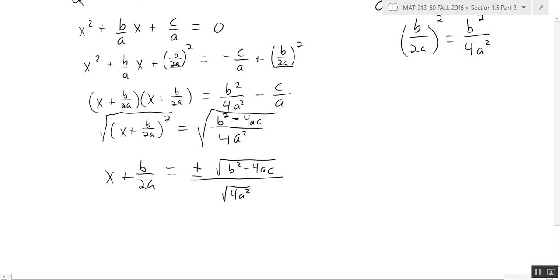Alright, I'm almost done. So I have x equals, now let's take b over 2a and move it to the right side in front of that plus or minus. So that's negative b over 2a plus or minus the square root of b squared minus 4ac over, well, what's the square root of 4a squared? The square root of 4 is 2, and the square root of a squared is a. Now they have the same denominator.